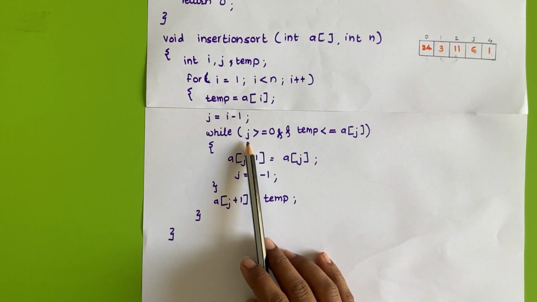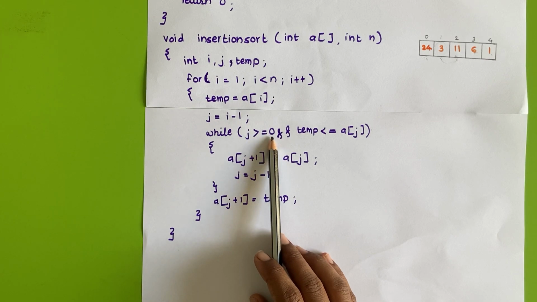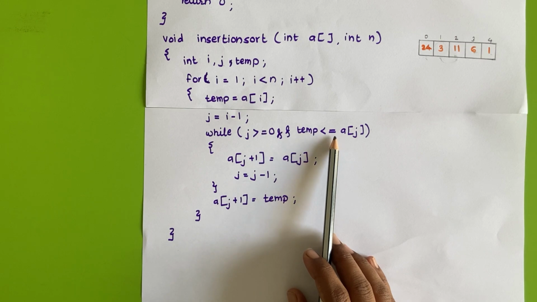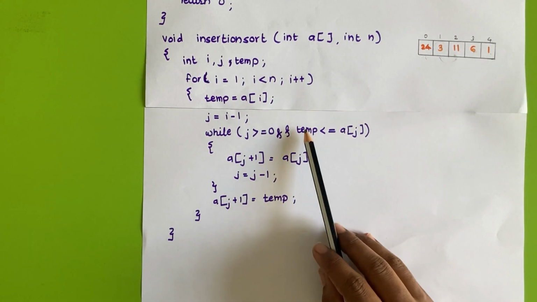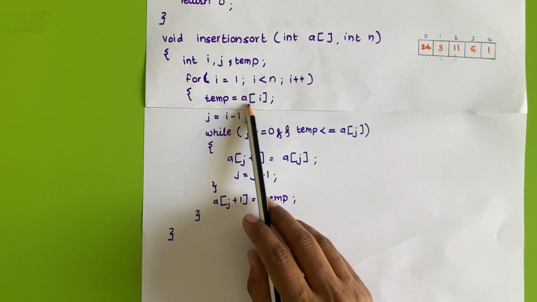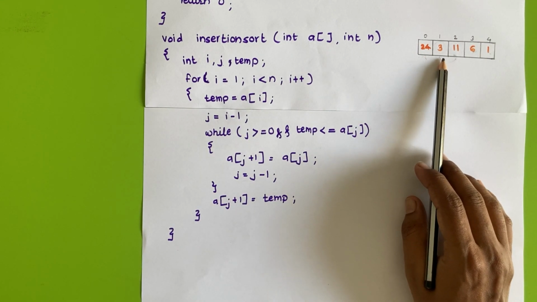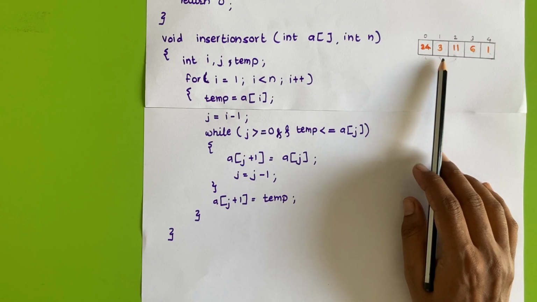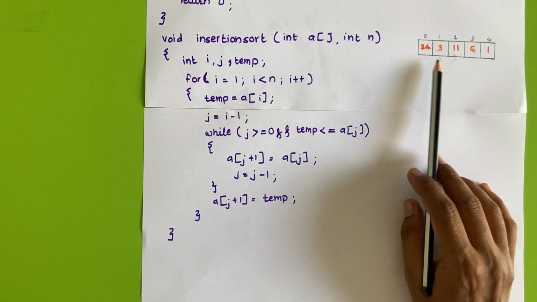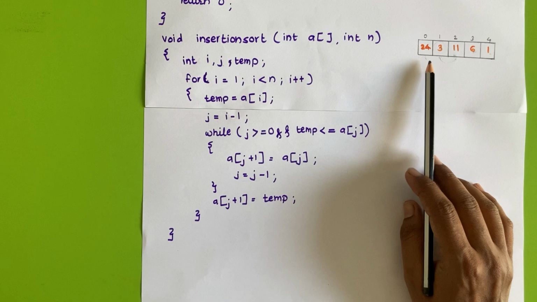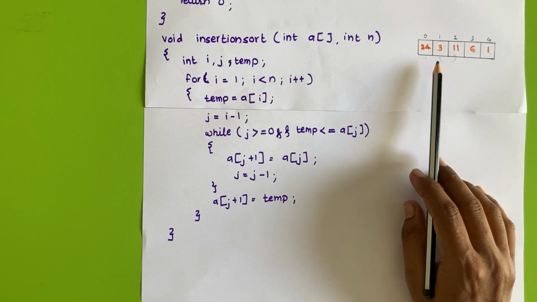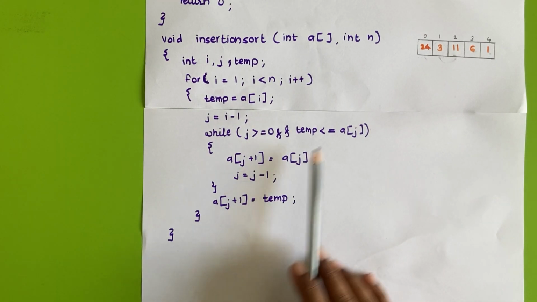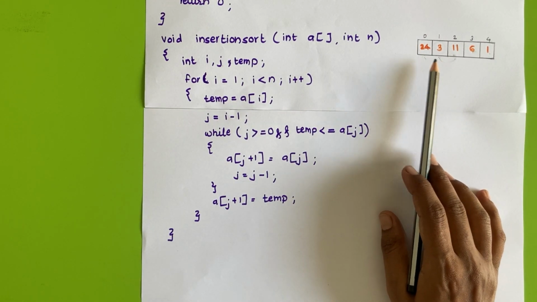So while j is greater than or equal to 0 and temp is less than a of j, where temp has the value of a of i, meaning if a of i is smaller than a of j, then we have to make them swap. And if not, then it is not necessary to swap. So if this condition is satisfied, then we have to swap these two values.